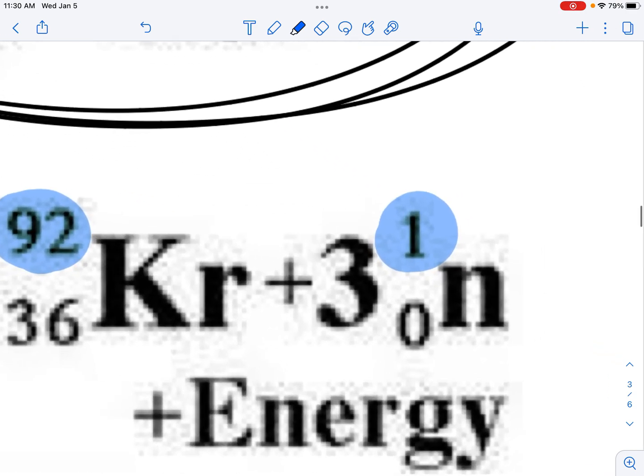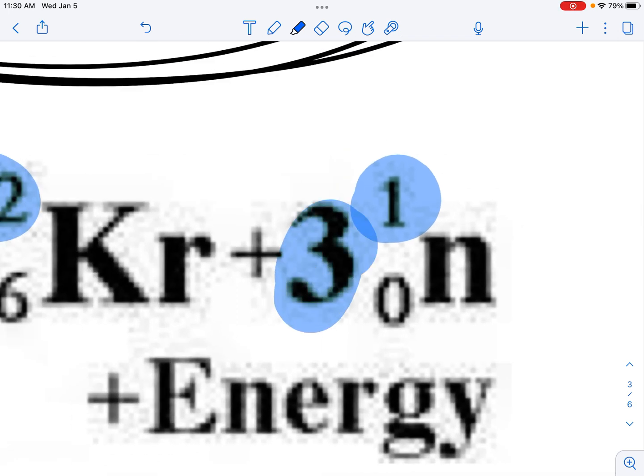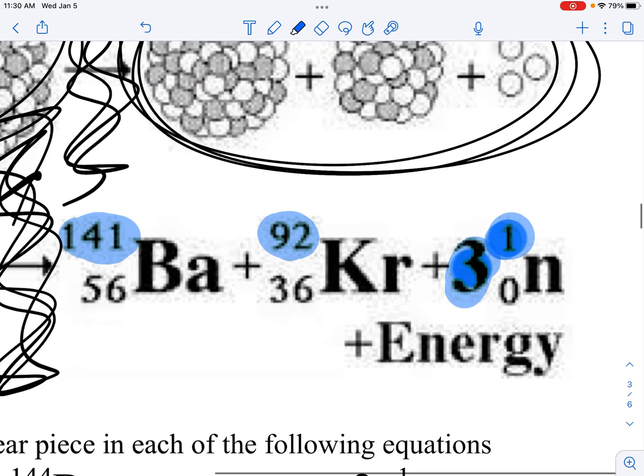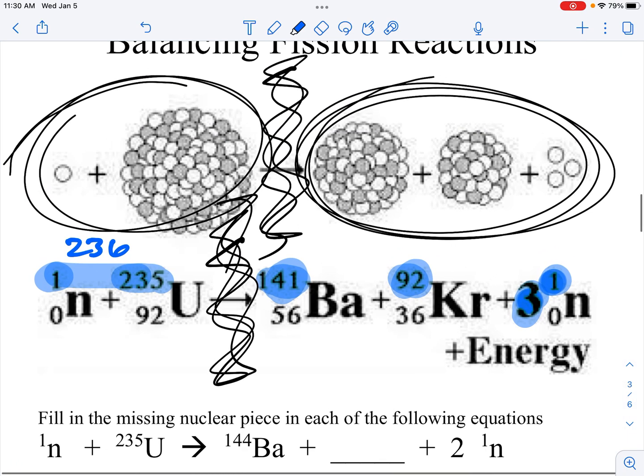Except that it does, because remember, there's not just one neutron, there's 3 neutrons. So this 3 that's in front here tells you that there's really 3 of the ones that are there. So really, that's a 3 plus 92 plus the 141, and add all that up, and you get your 236.